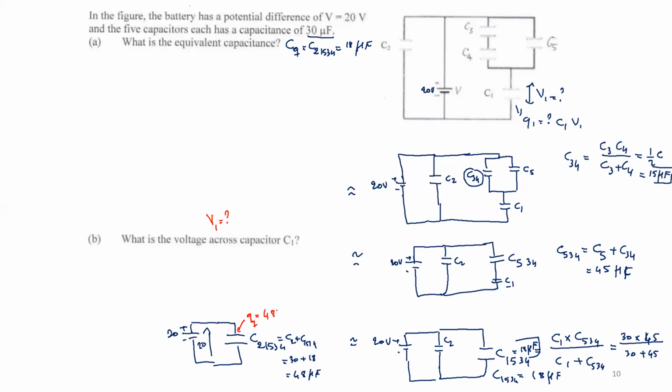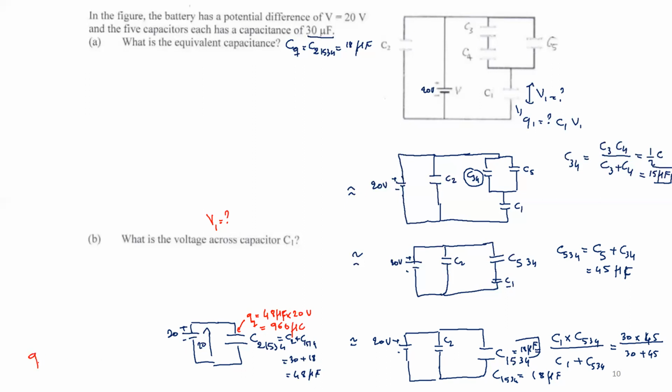It will be equal to this capacitance, which is 48 microfarad, multiplied by the voltage, which is 20 volt. So what is 48 times 20 volt? How much do you get? I get 960 microcoulomb. So this is the total charge accumulated in these capacitors combined.